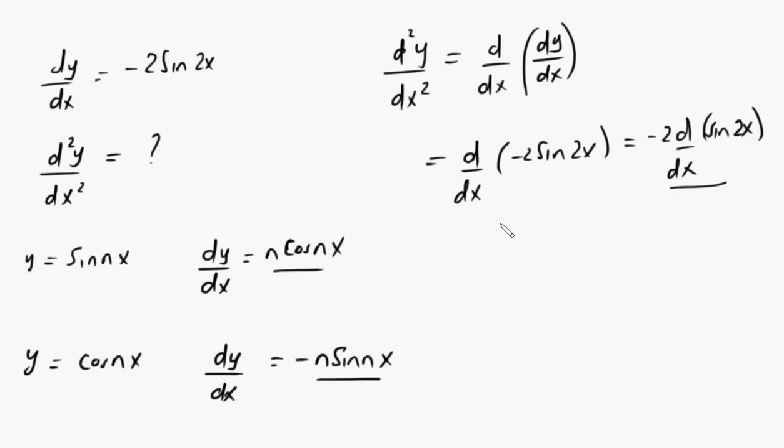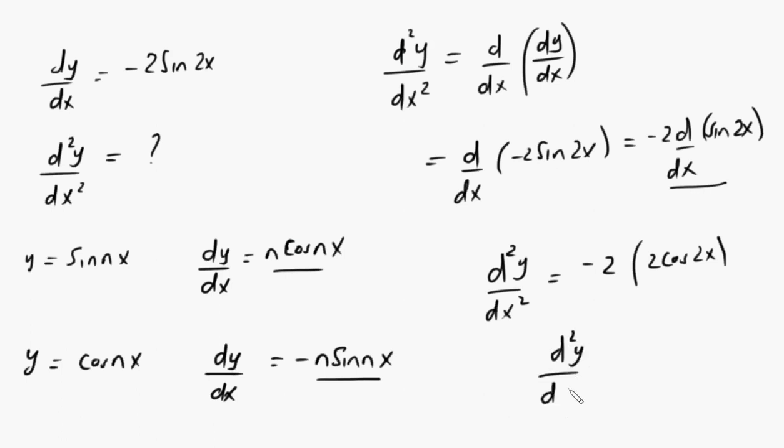So if I differentiate sin 2x, what do I get? If I differentiate sin nx, I get n cos nx. So this one now is just going to be negative 2 times 2 cos 2x. So the second derivative now is just going to be equal to negative 4 cos 2x.